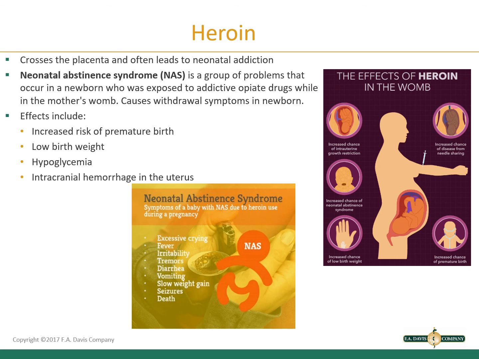It can lead to neonatal abstinence syndrome, like we discussed on the previous slide, where the baby becomes addicted and has withdrawal symptoms, like excessive crying, irritability, tremors, slow weight gain. It can even lead to seizures and death in severe cases.